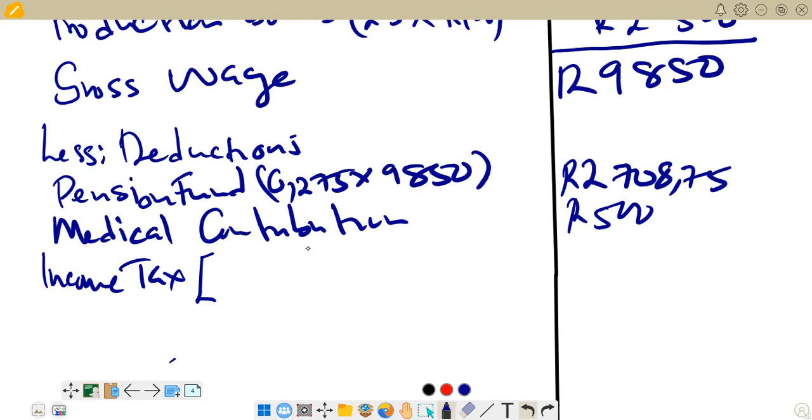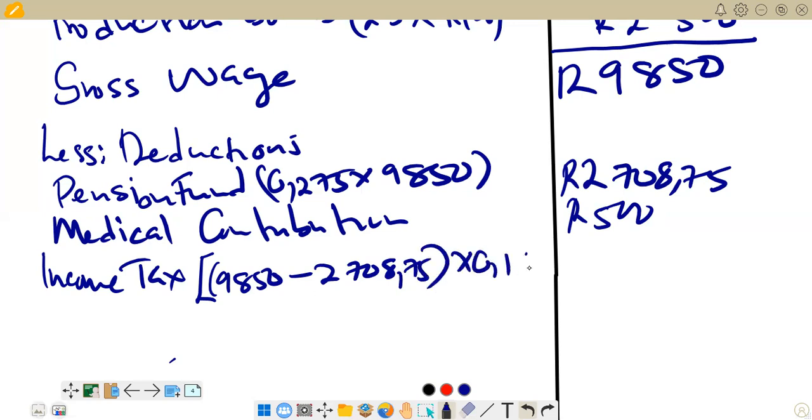Gross wage, remember, is 9,850. We subtract the pension fund, which is 2,708.75. Then the answer that you get here, you now multiply by 18%, which is 0.18 as a decimal.